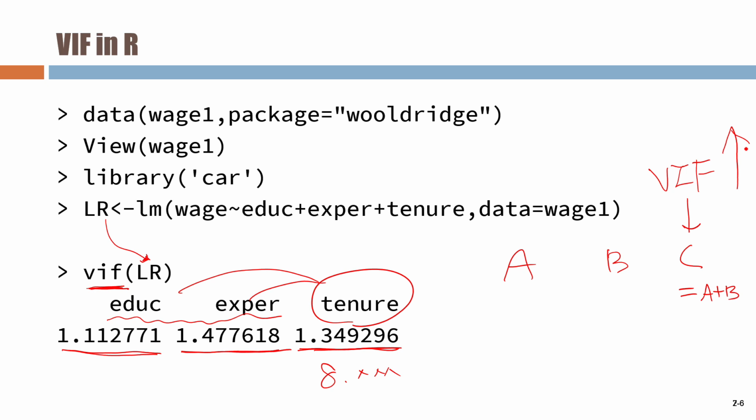That's what it means. A high VIF means this variable c is highly correlated with the other variables. It doesn't tell you which one. Maybe it's not an individual one; it might be the combined one, just like this. So you may take out c. You have to consider taking out the high-VIF variable.